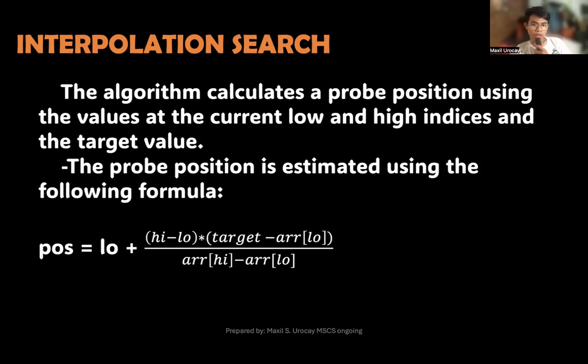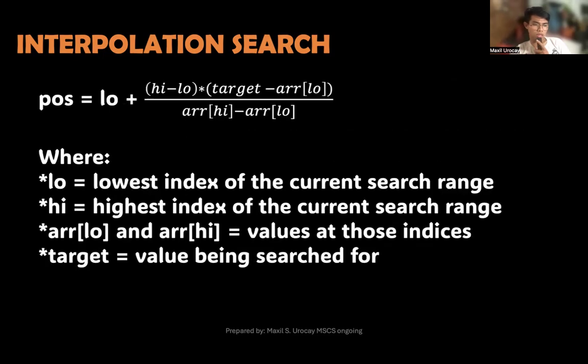As mentioned, low is the lowest index of the current search range, and high is the highest index of the current search range. Array low and array high are the values at those specific indices, and the target is the value that you are searching for.